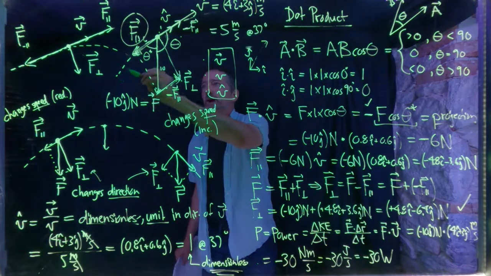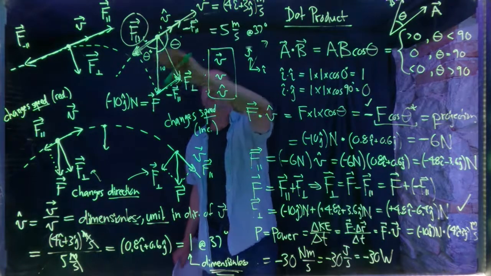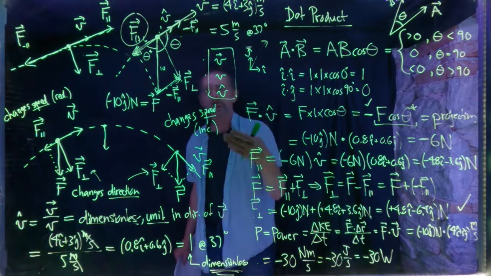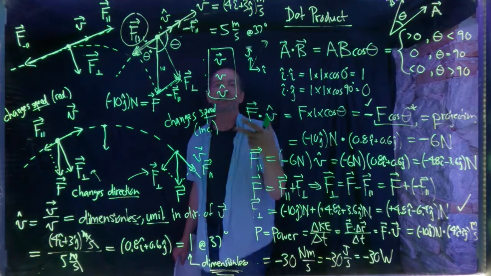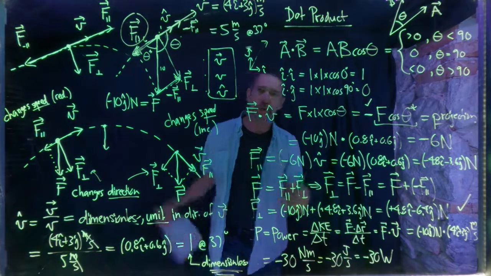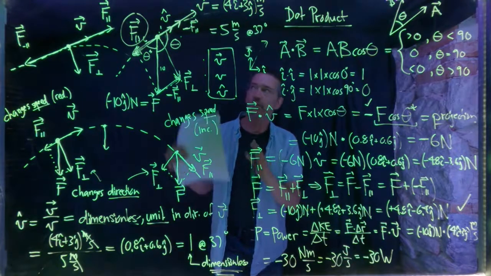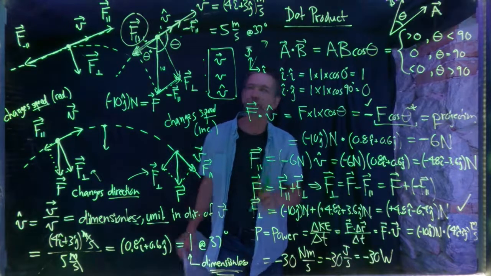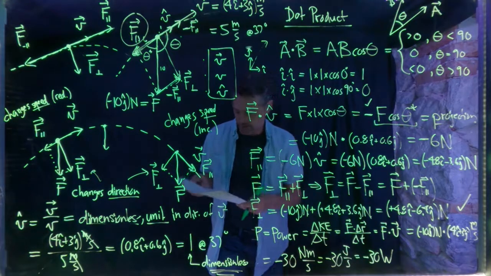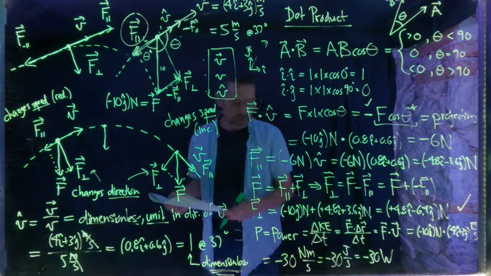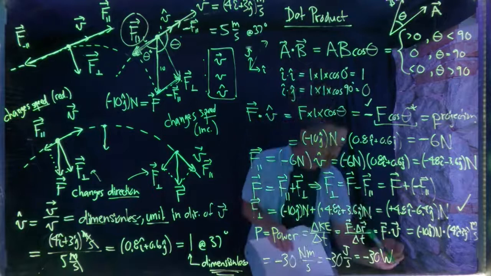Because this is on the upward swing of its trajectory, its speed is decreasing, its kinetic energy is decreasing, and that kinetic energy is going into the gravitational field. So the gravitational field is delivering energy to this object at a rate of negative 30 joules per second.